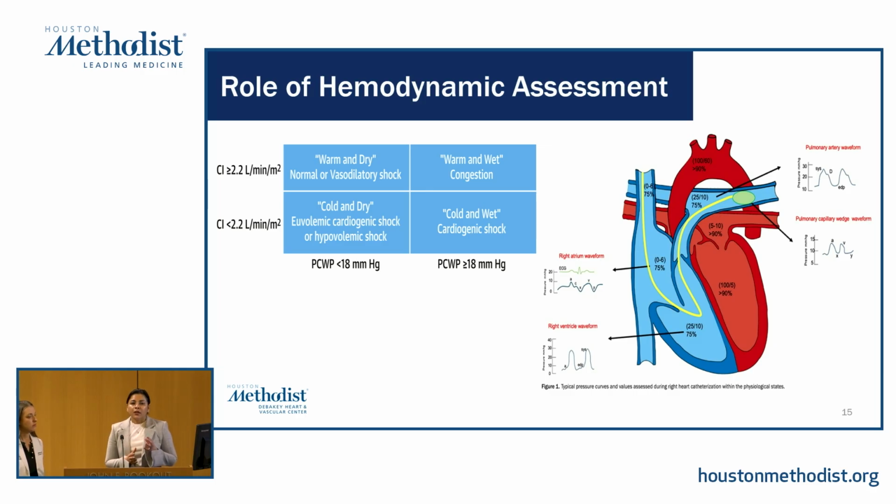The catheters make us understand how are the filling pressures, how is the preload for the ventricles. It makes us understand what is the afterload, how much resistance each ventricle is pumping against, what is the cardiac output. Does the patient have pulmonary hypertension? Pulmonary hypertension is a very adverse marker in advanced heart failure.